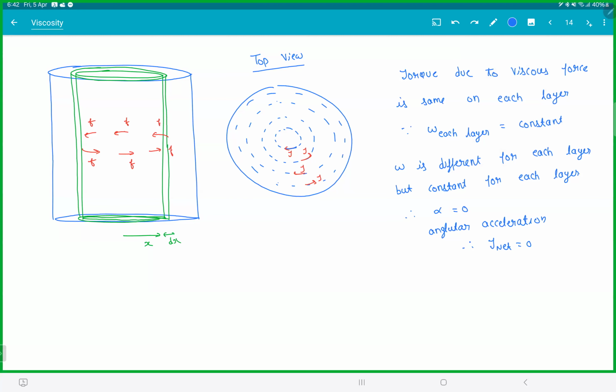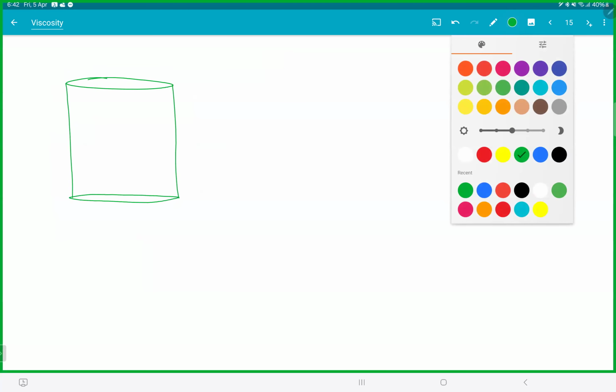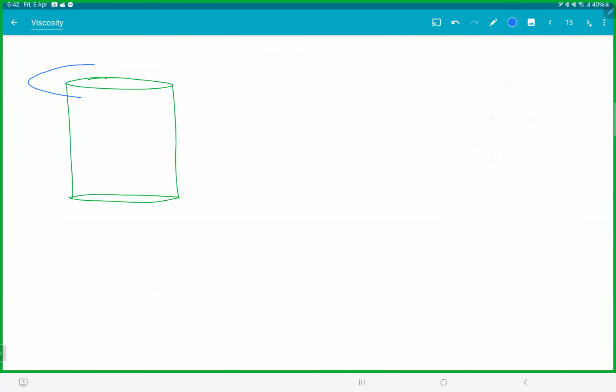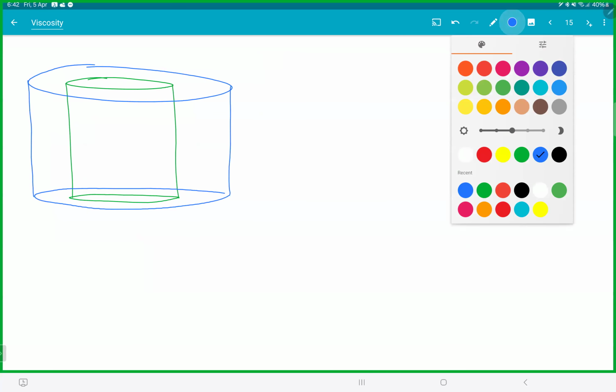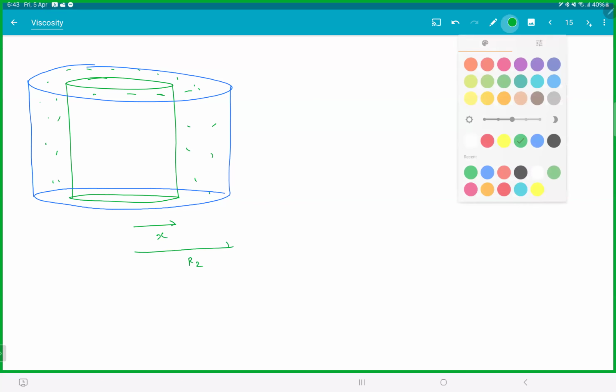Now, take an FBD of this liquid. Don't take it for a single layer now. Take all this liquid here. This is X and this is R2.